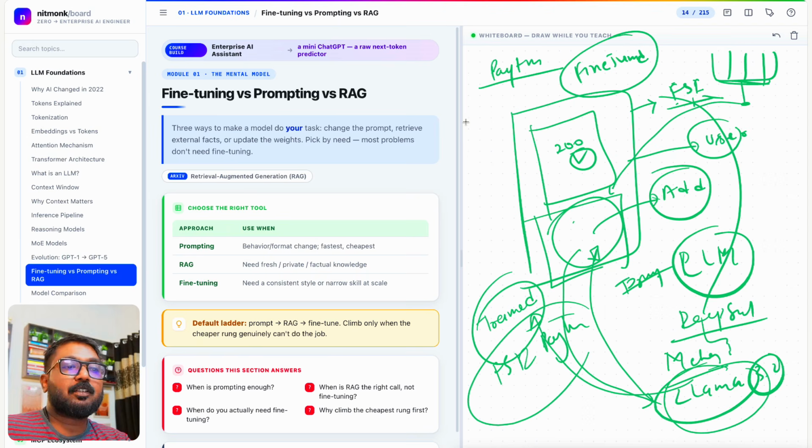The benefits are that it becomes really faster, it doesn't hallucinate, right? And it becomes part of your own business. It doesn't do all other things.